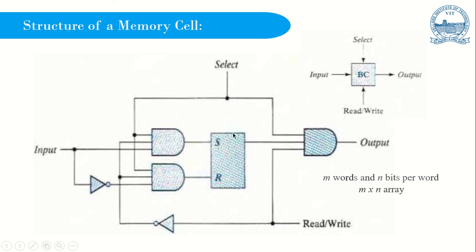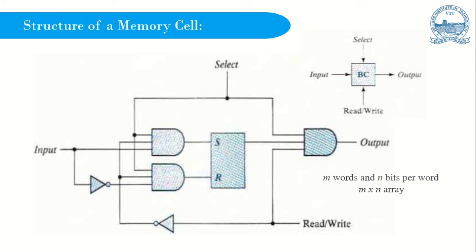This is the structure of an SR flip-flop based memory cell, which has one input, one output, and two control inputs, select and read bar write. If you observe the read or write command, at a time we can perform any one operation only. Either we can read the data from the memory or write the data into the memory.